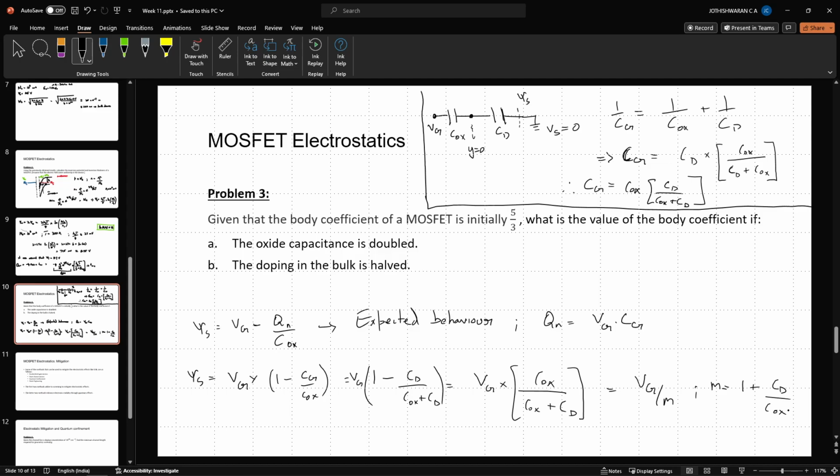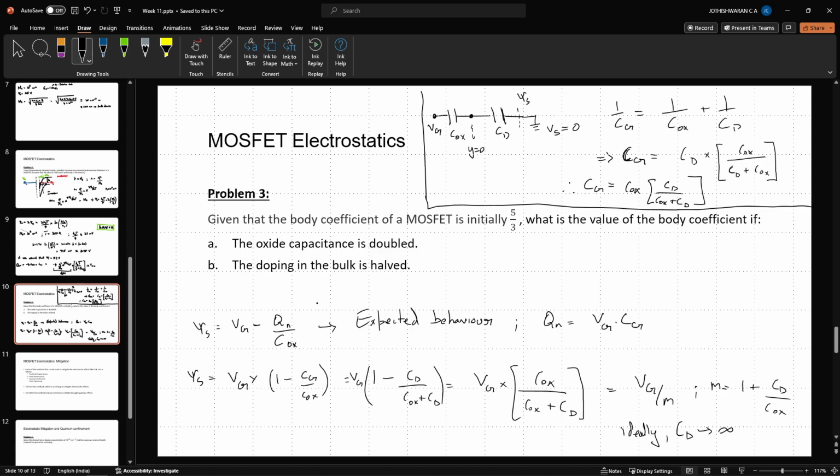So ideally speaking, I will want my device capacitance to be only the oxide capacitance. I will want Cd to be infinite, but let me not say that is never going to happen. Let me simply say here, ideally Cd should be very large, Cd should tend to infinity.